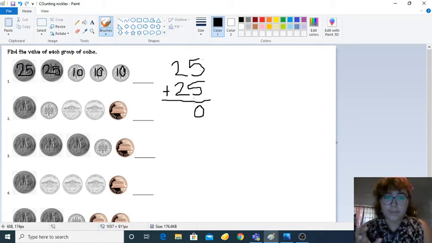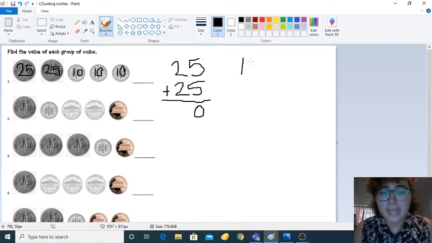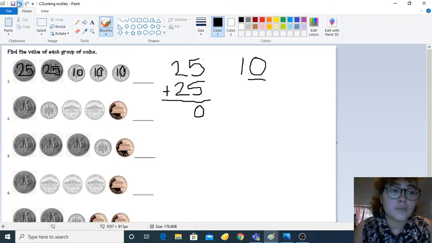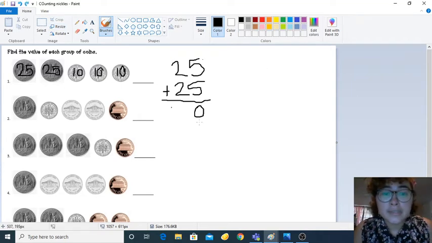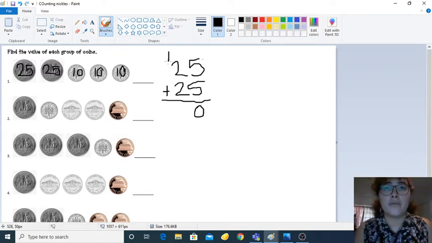And with regrouping, if it's the number 10 or more, you're going to put the number that is on this side down, right? And the other number goes up. So I already put the 0 from the 10 and I brought up our 1. Okay, this is called regrouping.